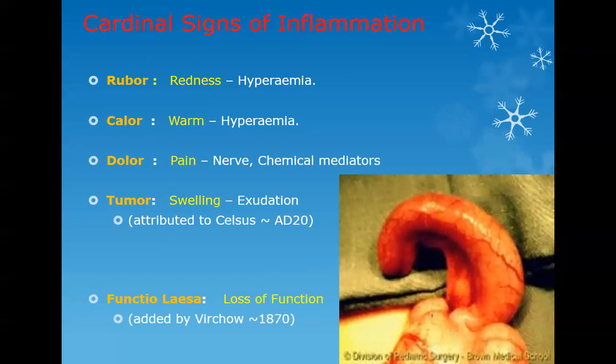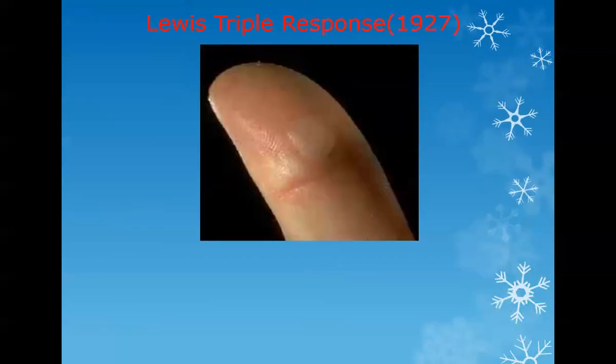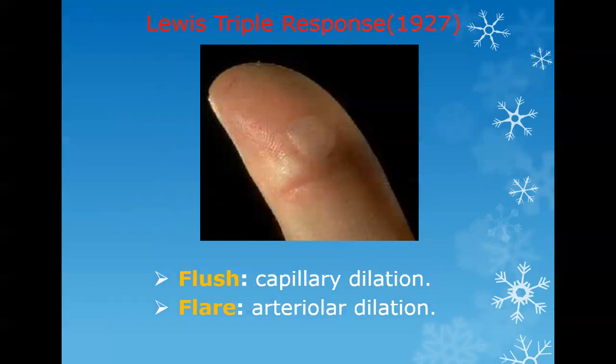The first four were discovered by the ancient Roman Celsus in 20 AD, but the last one was added recently, in 1870, by Virchow. And then finally, Lewis gave us the triple response in 1927, and he said that we have flush, which is due to capillary dilation, flare, which is due to arteriolar dilation, and finally wheal, which is exudation and edema, which you see here.